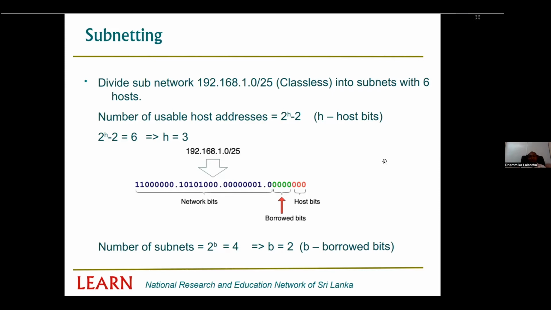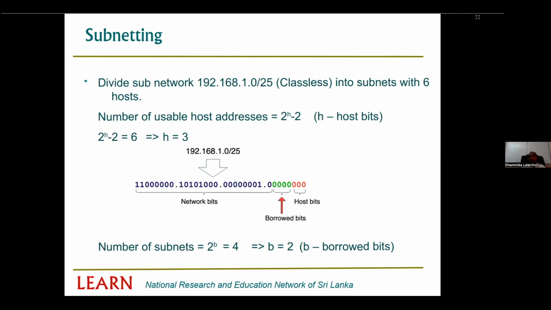In this example, we have to have 6 hosts. So the equation is 2 to the power h minus 2 equals 6. From that equation, we get h equals 3. So for the given subnet, we have to have 3 host bits.